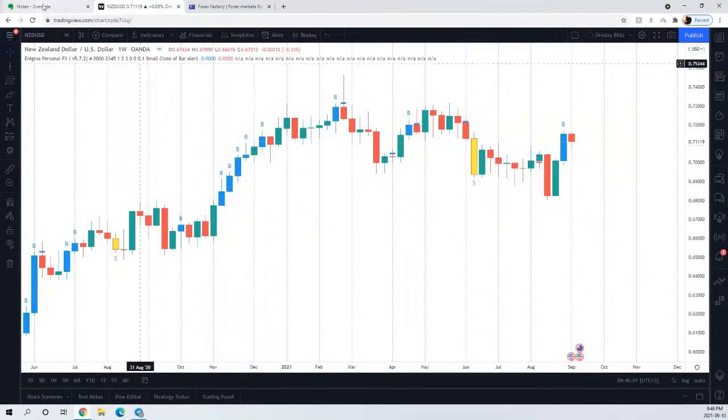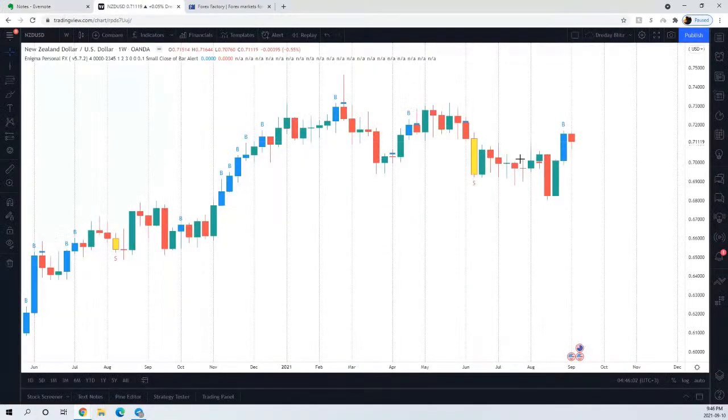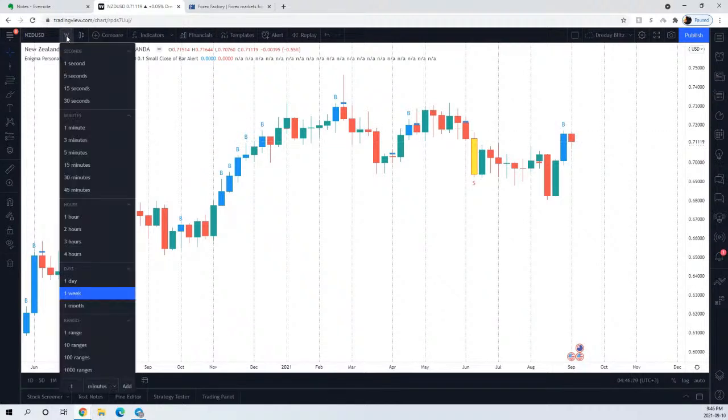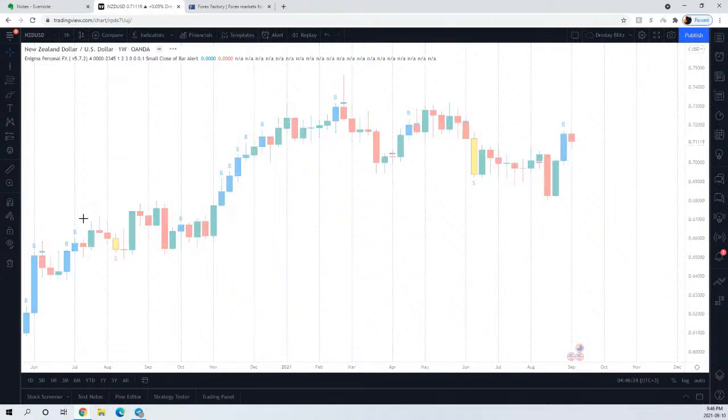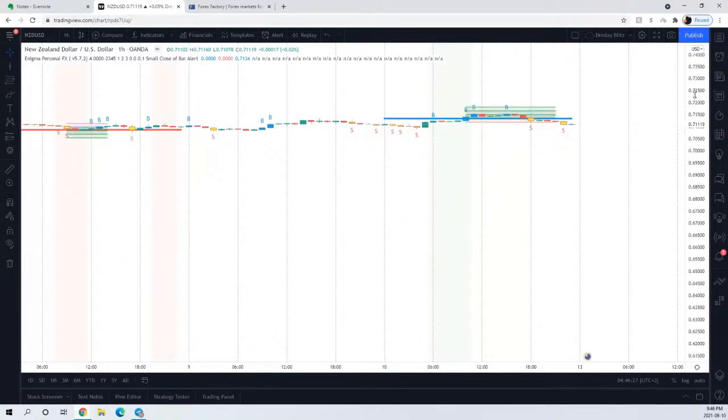Okay. So we said it was a sell. And what it did, it sold. So far, we're perfect for the week on an analysis here on the fundamental bias. So it was a sell here. Let's go on the H1. See what we can find.